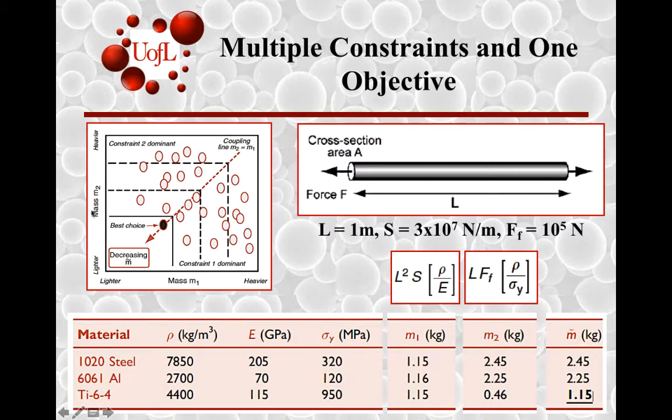So if you made a plot of M1 versus M2, you basically have different combinations. These dots represent combinations of M1 and M2. If the second constraint is dominated, you will have points lying on this area above this line where M1 is equal to M2.